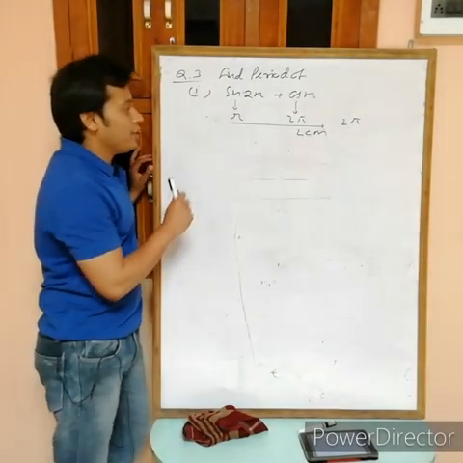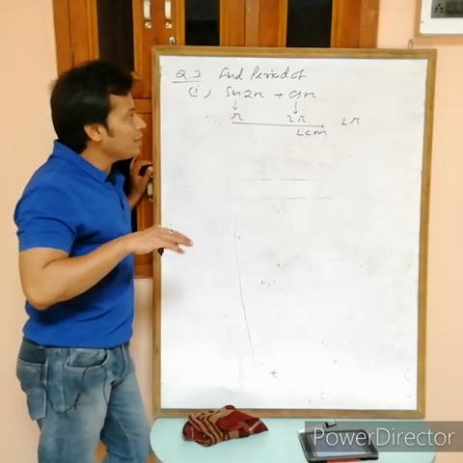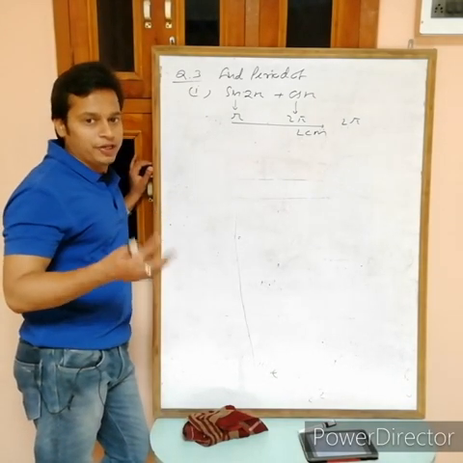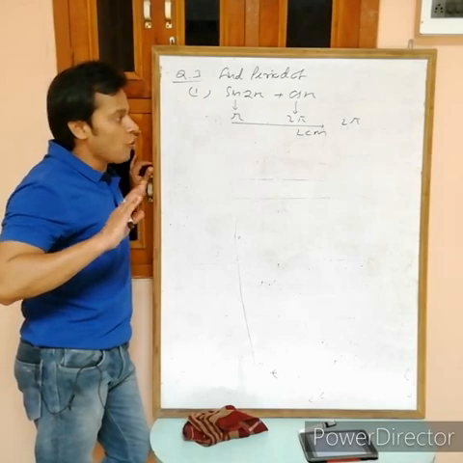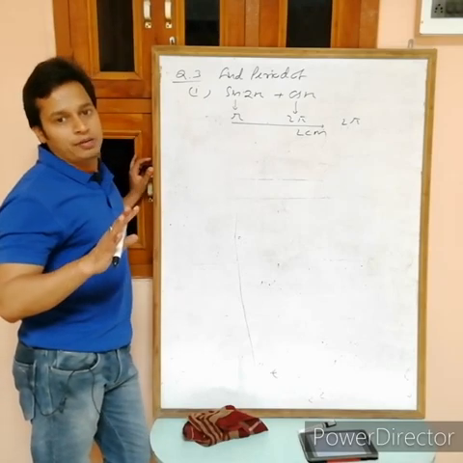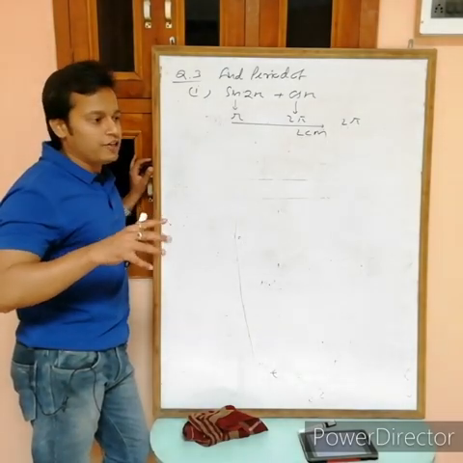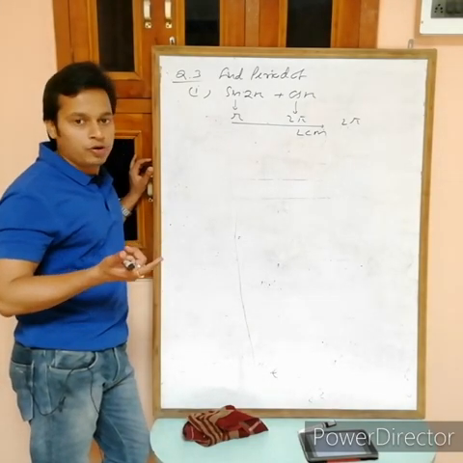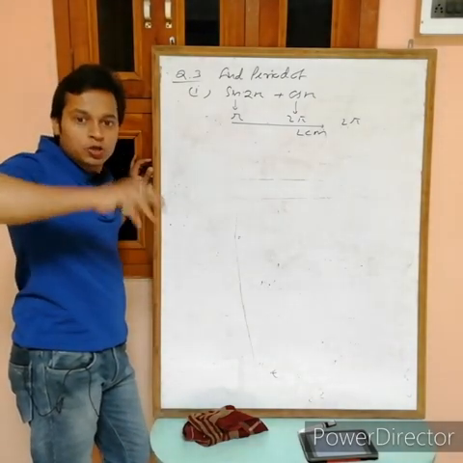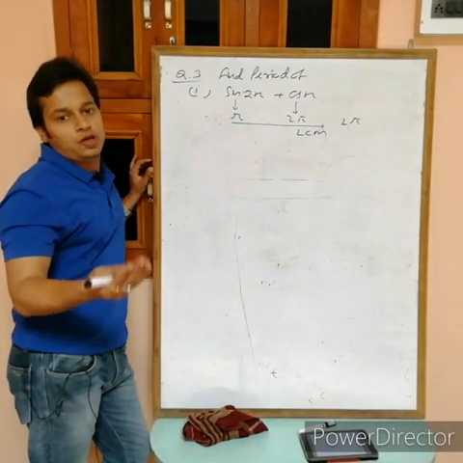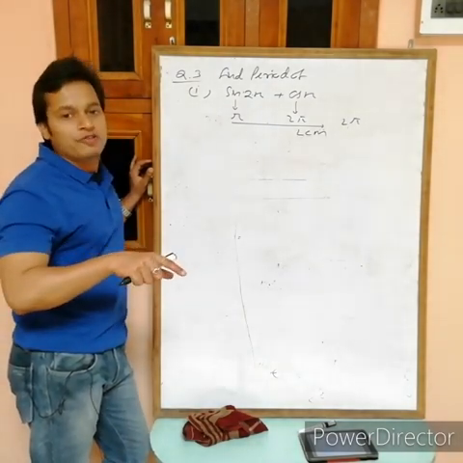So the period of this function is 2 pi, but again we want the fundamental period. Now it is not necessary that 2 pi is the fundamental period. So how to clarify whether 2 pi is a fundamental period or not? If we get any value less than 2 pi for which f(x plus T) equals f(x), then that value is the fundamental period.